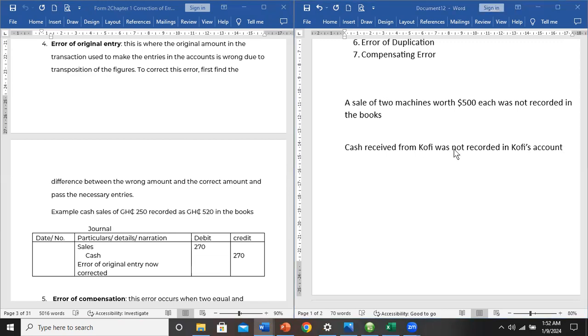Cash received from Kofi was not recorded in Kofi's account. Okay, let me put some figure there. Cash of $300 received from Kofi was not recorded in Kofi's account. Is this an error of omission? If yes, why? If no, why?